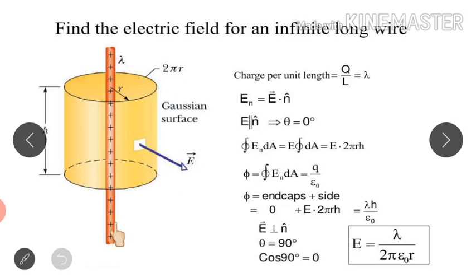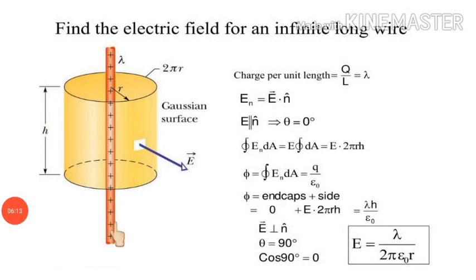It means we can say that the flux for this particular long charged wire will be only through the curved surface area of this Gaussian surface. So that's why we have written over here that flux is equal to the closed integral of E dA.